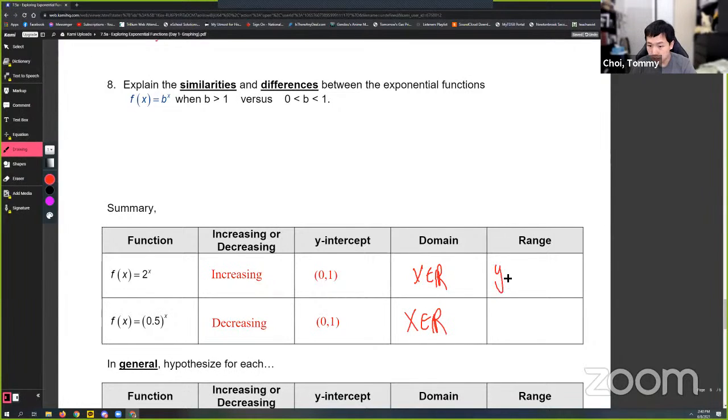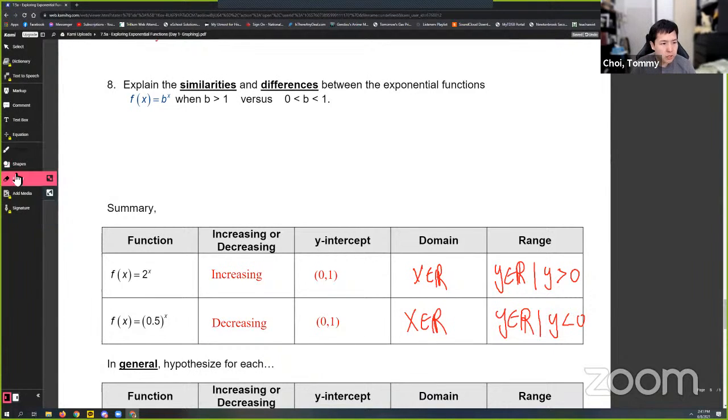And the range was exactly the same, where y is any real number such that y is greater than 0. So that hasn't changed here. Okay? I'm going to write that R a little bit neater. Okay? So I wrote less than. What is wrong with me? Greater than, please. Brain work.